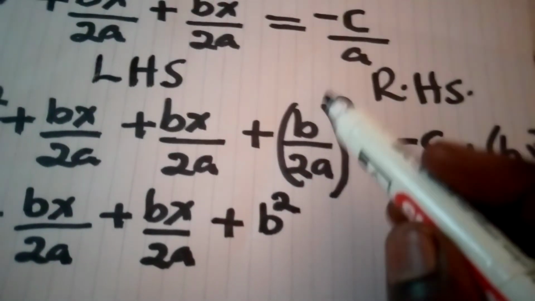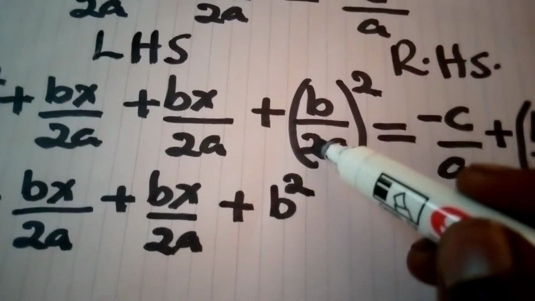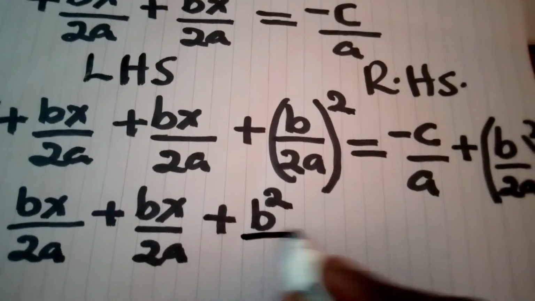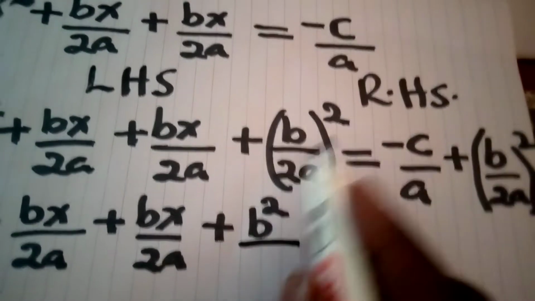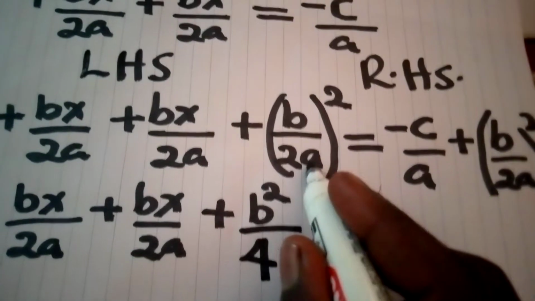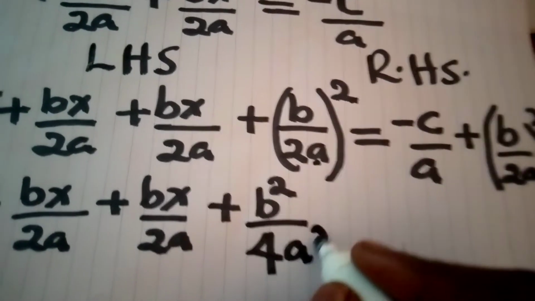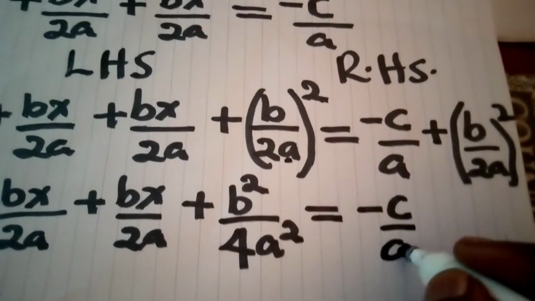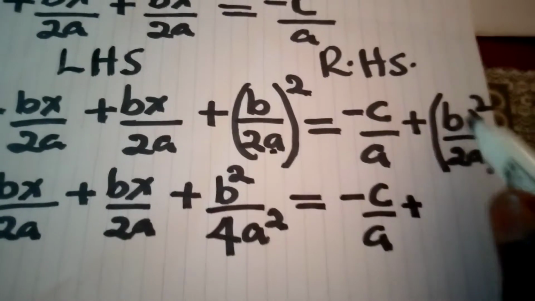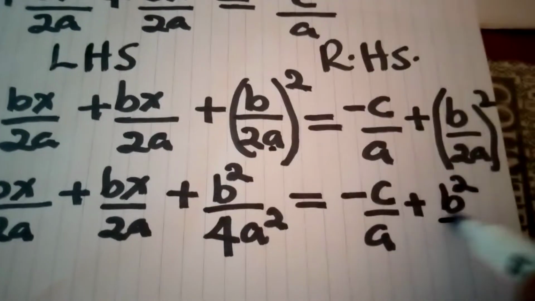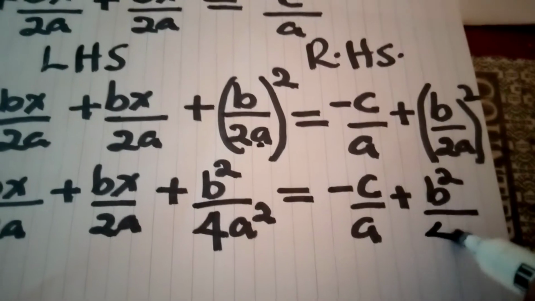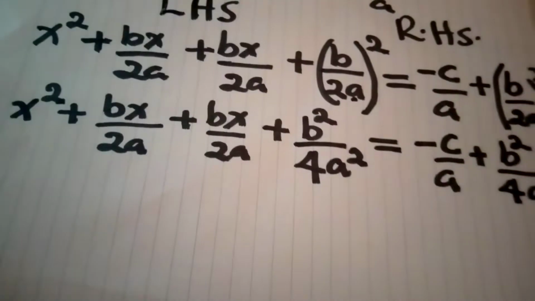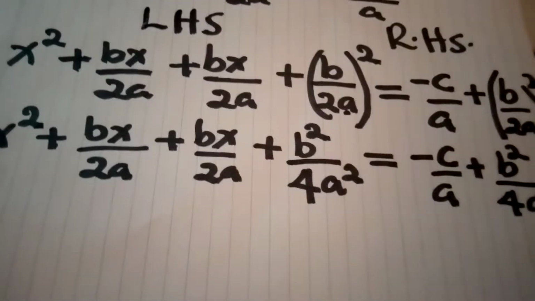Remember the square is on both b and 2 out of a, so which means when you are to square, we shall have b squared all over 2, this 2 here squared will give us 4, and then a squared will also give us a squared, which is equal to negative c all over a, then plus the square of this one, we shall have b squared all over the square of 2 will be 4, then the square of a will be a squared. Then after finishing simplifying like that, we simplify further.